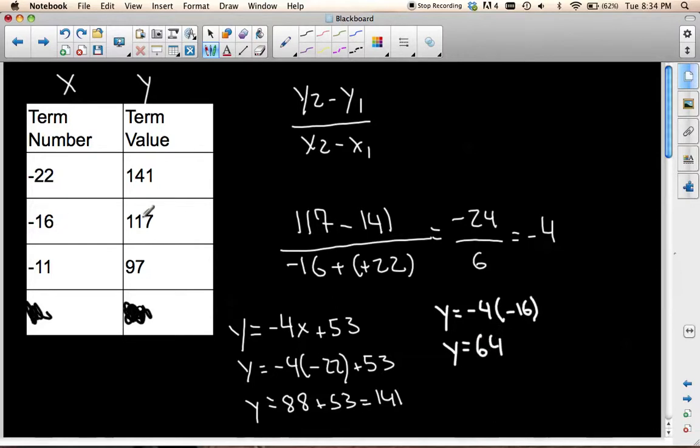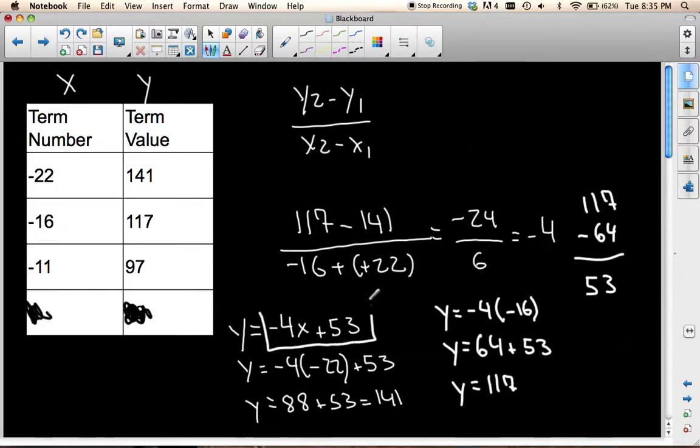Now that, again, is not what we have here. So to figure out why, we subtract 64 from 117. 117 minus 64 gives us 53. So we know for our rule we still need to add 53, and 64 plus 53 gives us y is equal to 117.